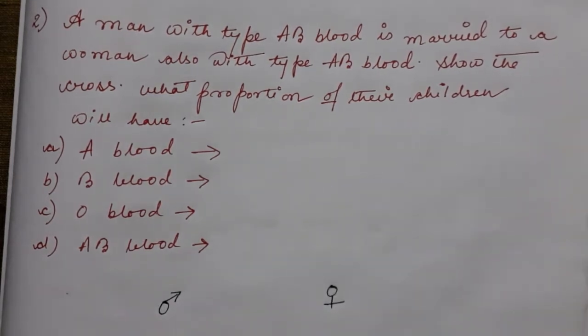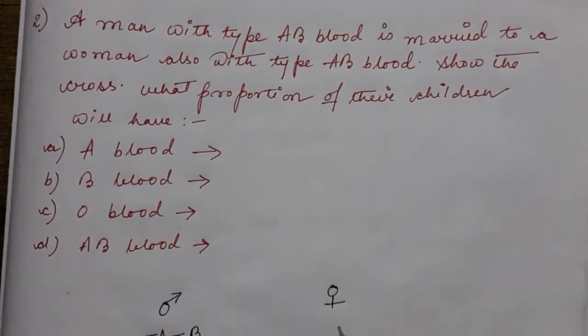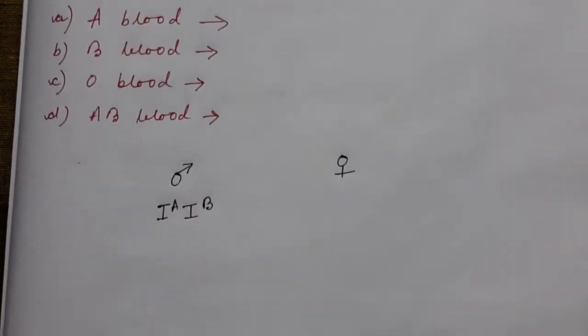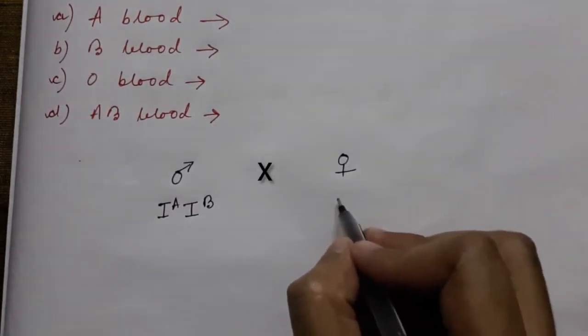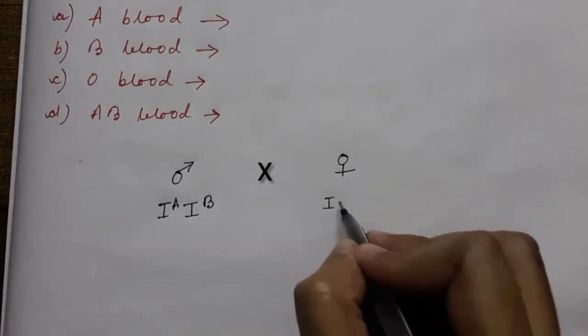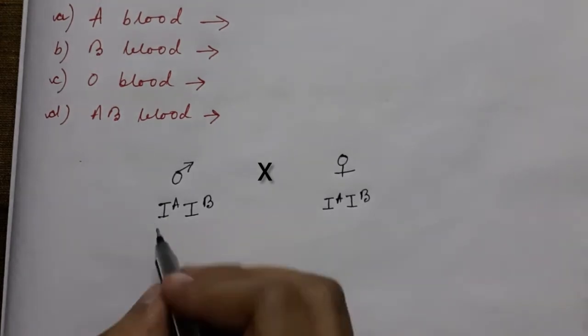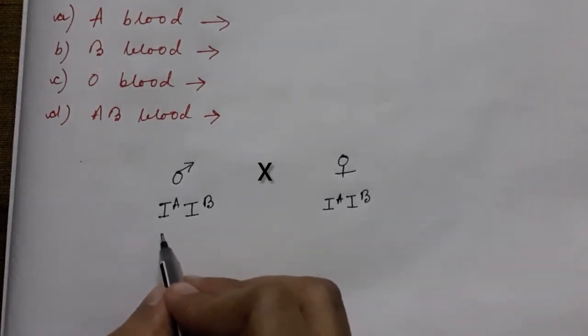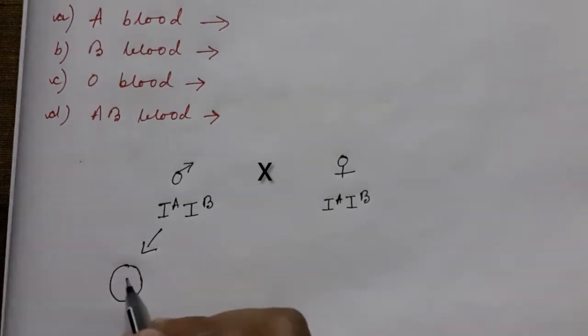As the man has AB blood group, the genotype will be IA IB. Similarly, in case of woman, as she also has AB blood group, the genotype would be IA IB. Now we know that gametes are haploid, so they will carry only one allele.